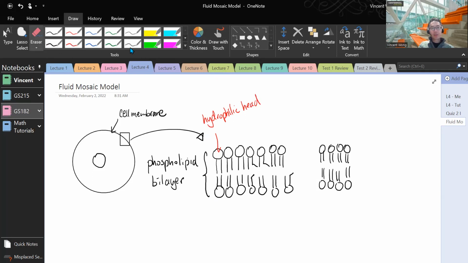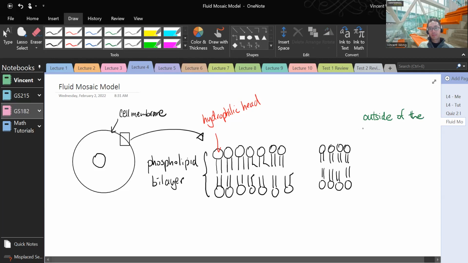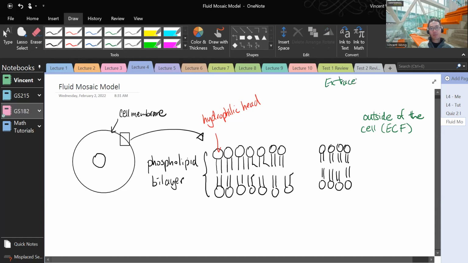All right, so in case you're a little bit confused with the orientation here, this would be the outside of the cell. Which we call the extracellular fluid, okay, ECF. Extracellular means outside of the cell. So really it's the fluid that's outside of the cell.